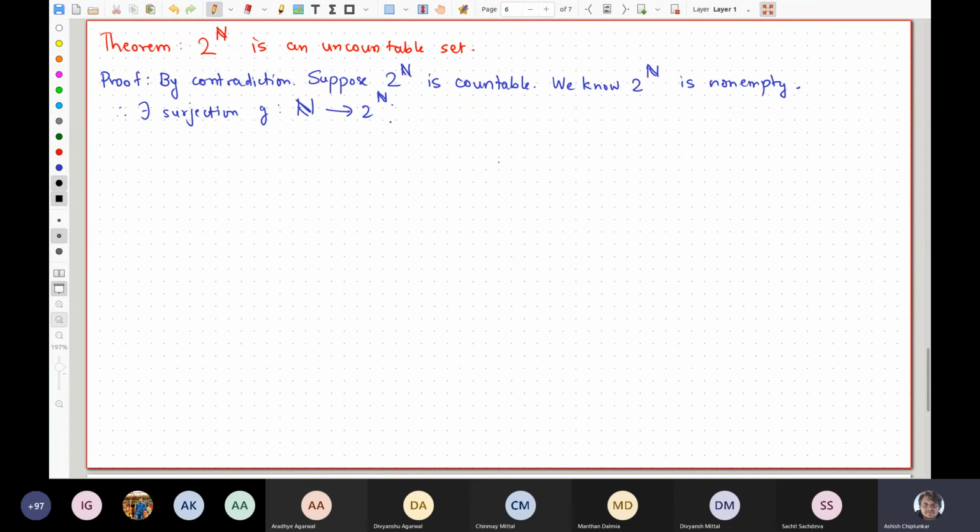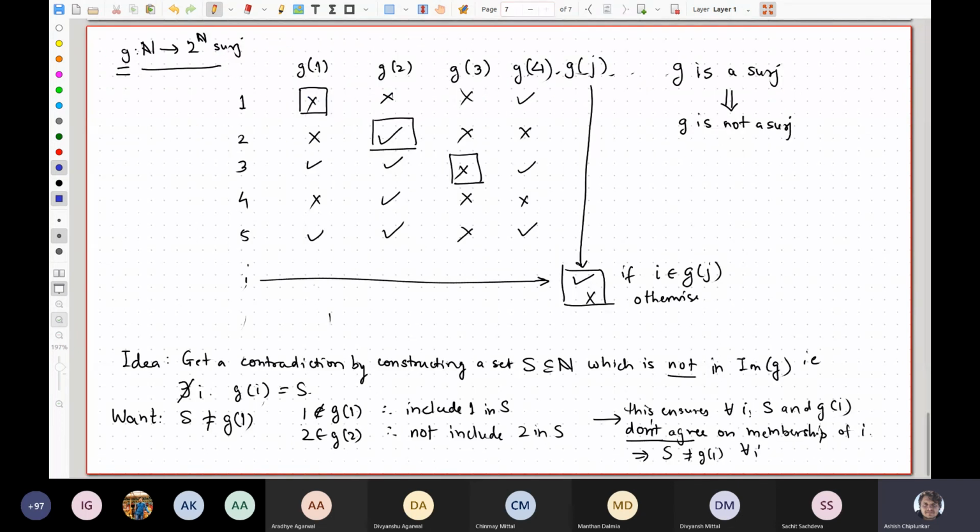So there exists a surjection G going from N to 2 to the power N. Now consider the set S, the set of all numbers i such that i is not in G of i.